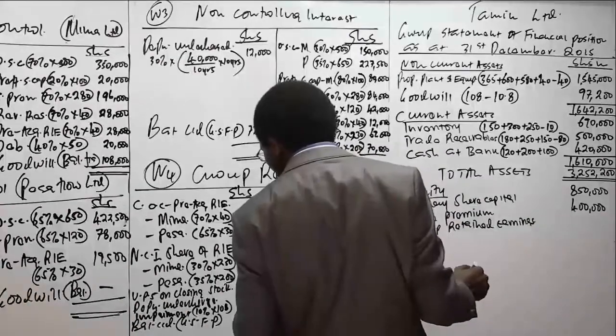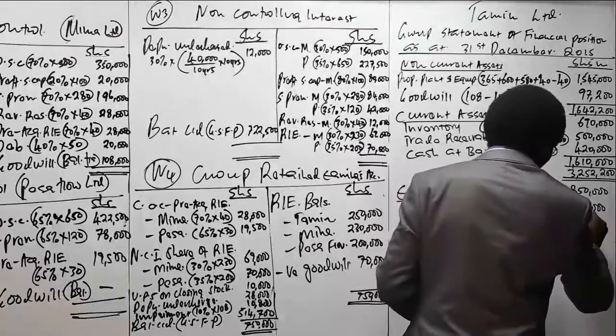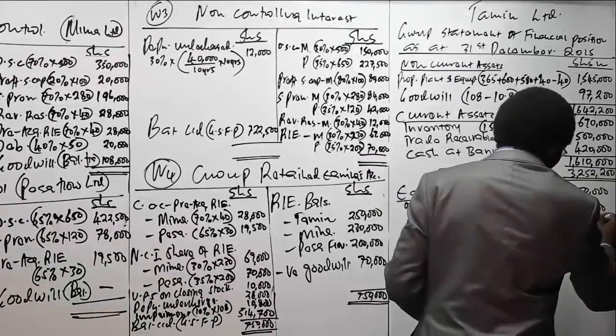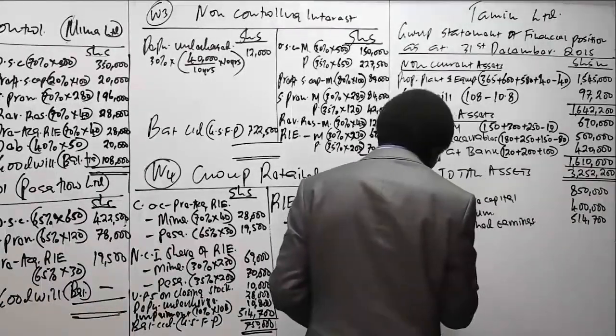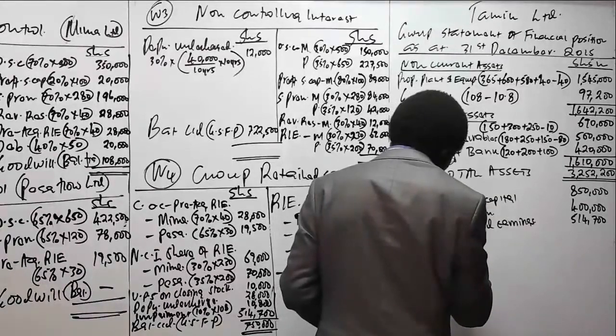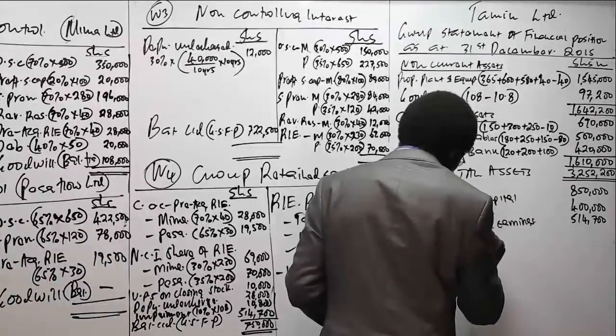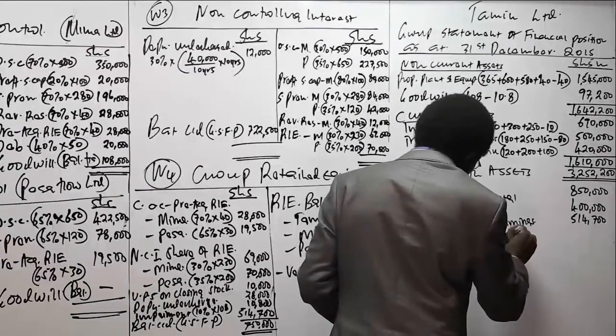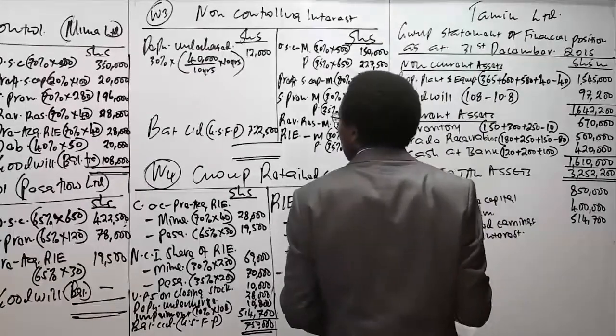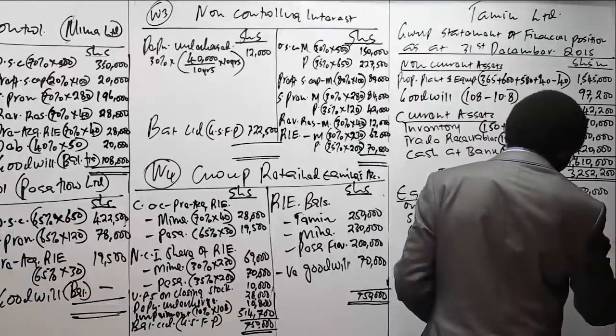Group retained earnings, 514,700. Non-controlling interests, 722,500.